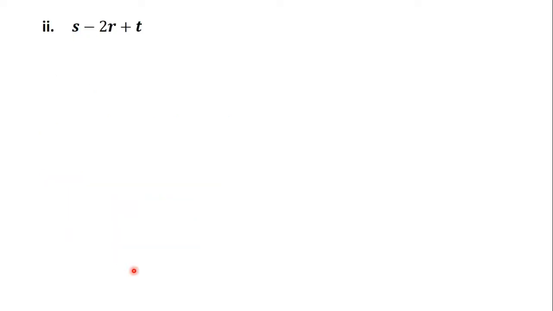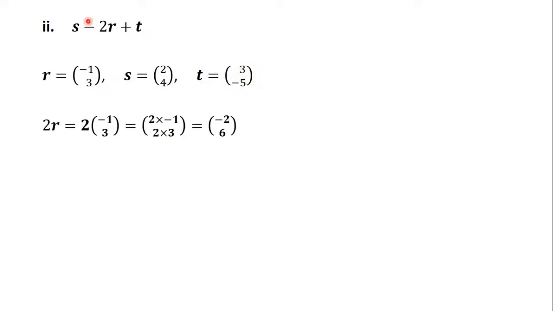Let's pick the next one, which is s minus 2r plus t. We know that r is (-1, 3), s is (2, 4), and t is (3, -5). We already know s. And here you see that s is not multiplied by any scalar, so we are not going to do anything about s.